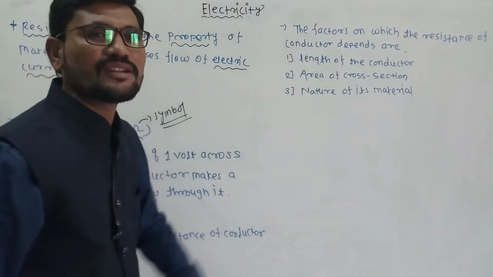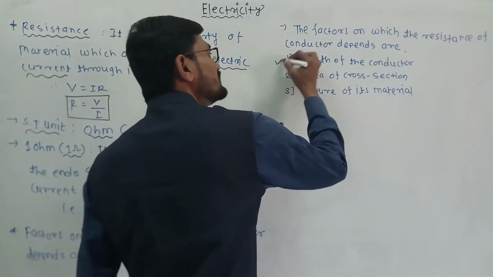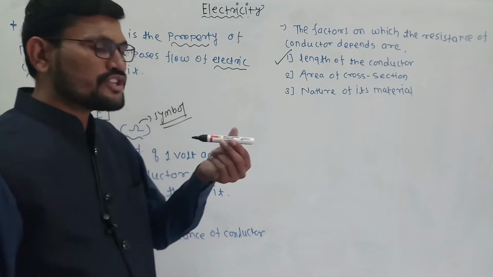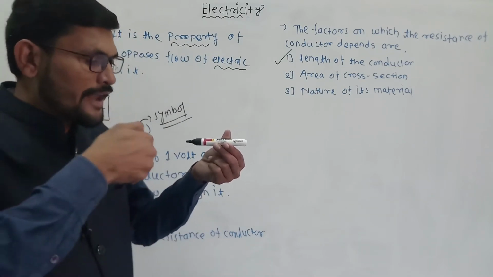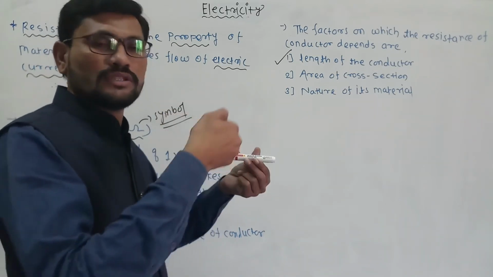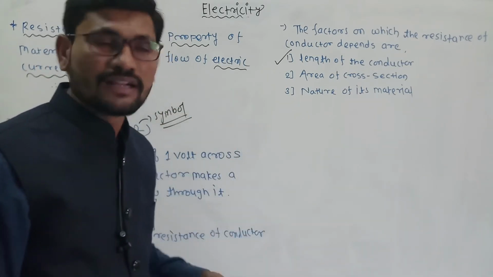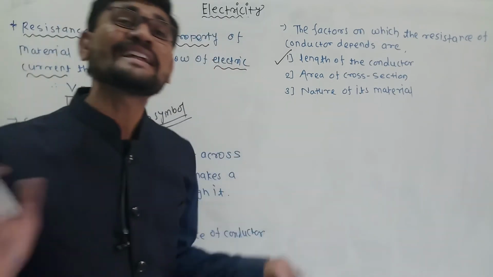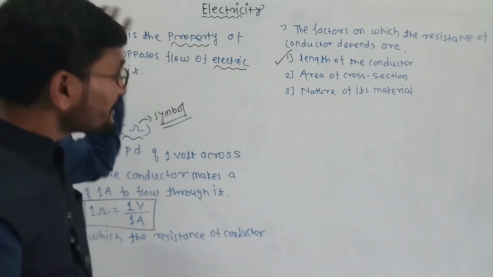What is the first factor? The resistance depends upon the length of the conductor. If initially this is the length of the conductor, and after some time you take a material whose length is higher than the other, then obviously the resistance will change. Will it increase or decrease? We are going to tell that, but this is the factor.